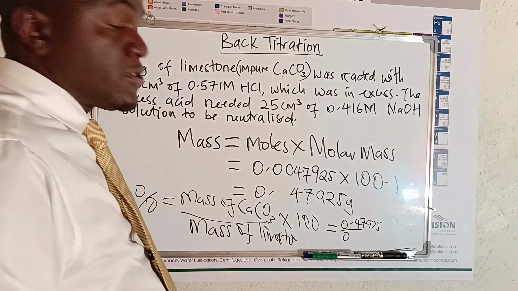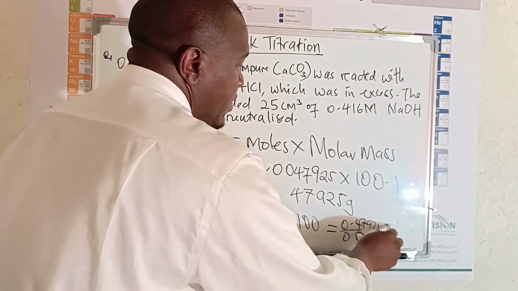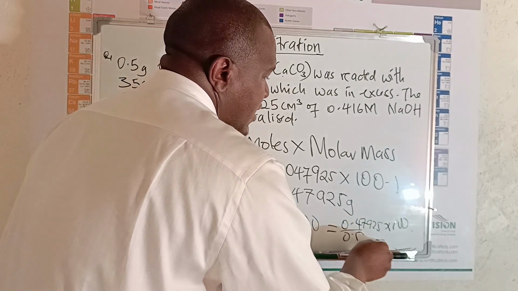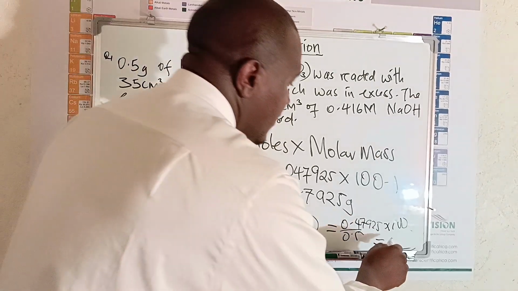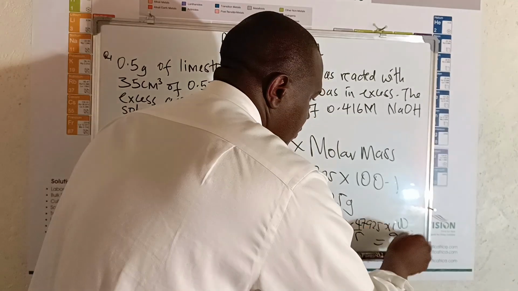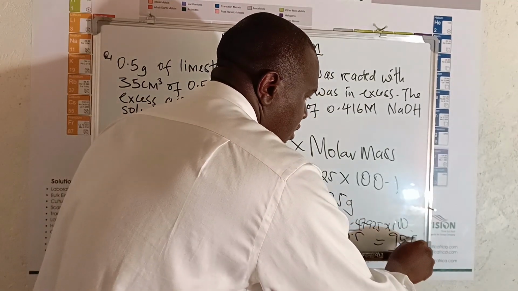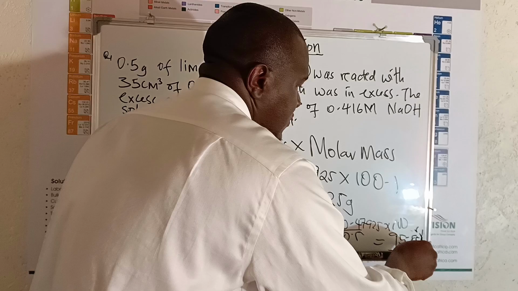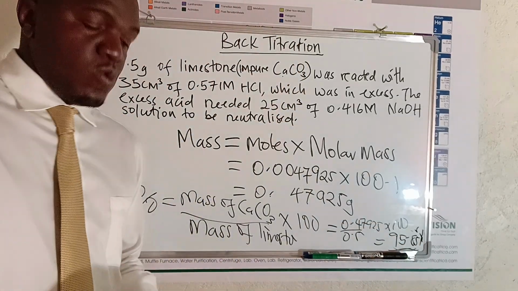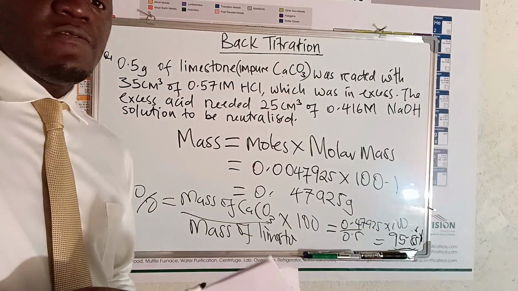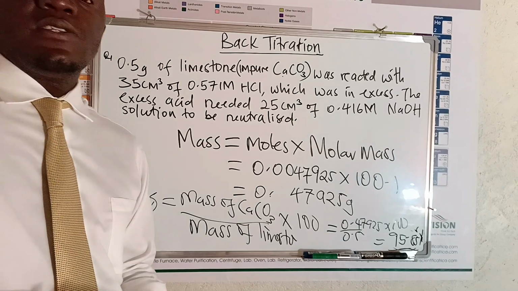This was the mass of limestone, multiplied by 100. And the answer should be 95.85%. So we have solved our problems tonight.